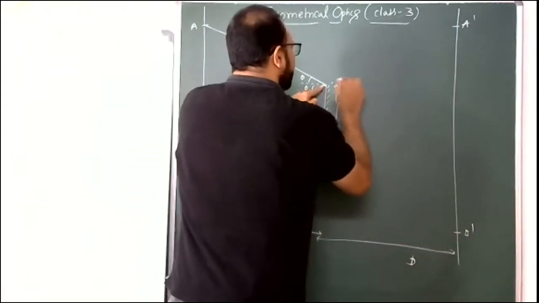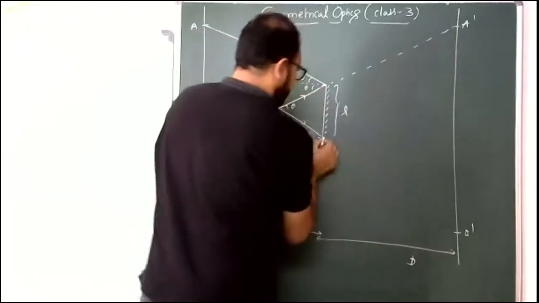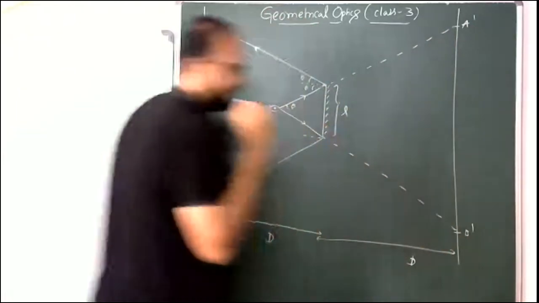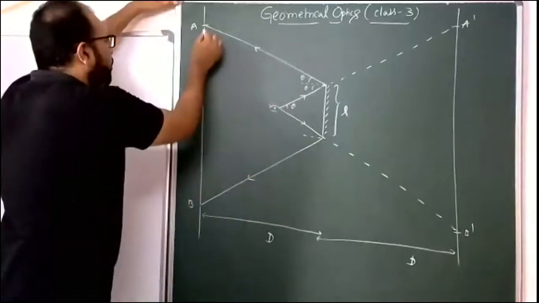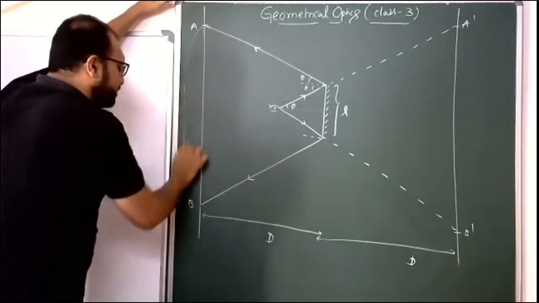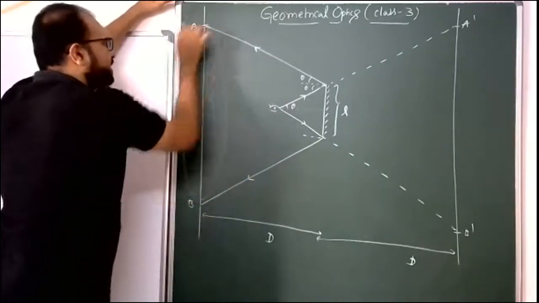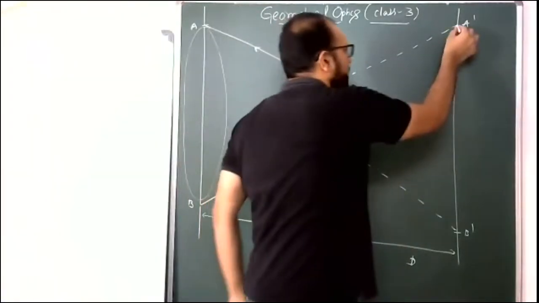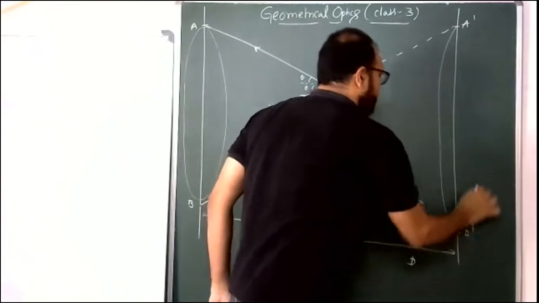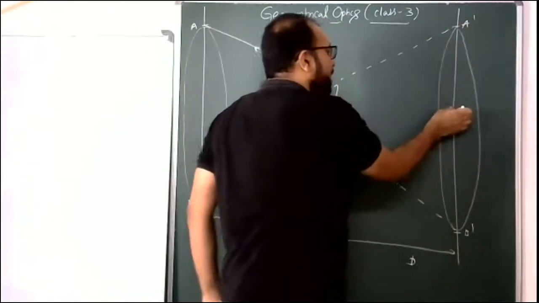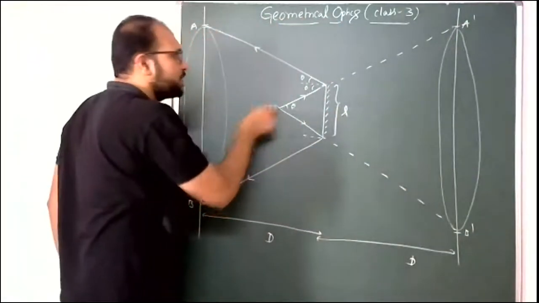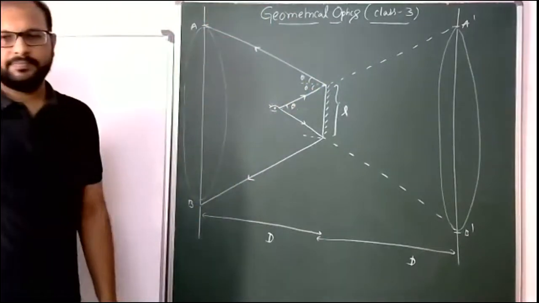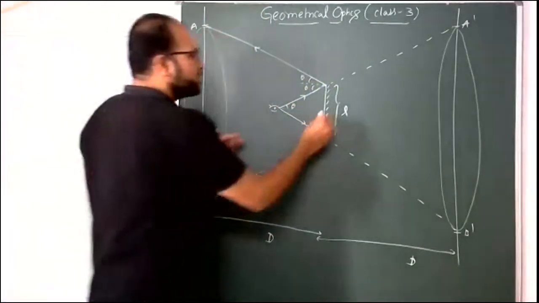If you extend this ray, whatever objects were from here to here, these all objects are formed here, from here to here. These all images, this observer can observe. So that's why it is now easy to find out.